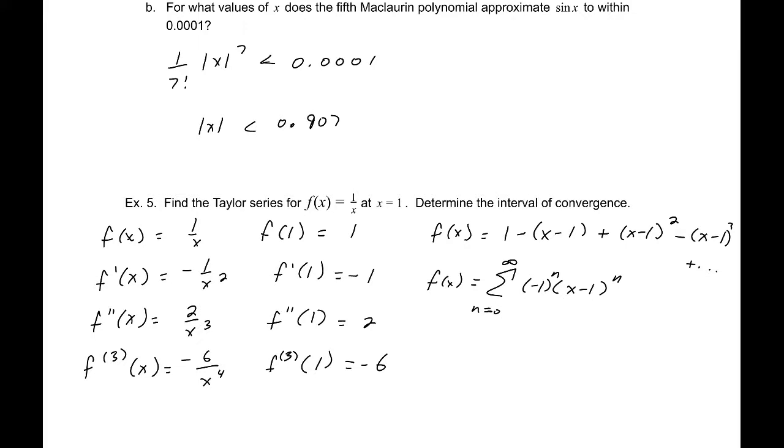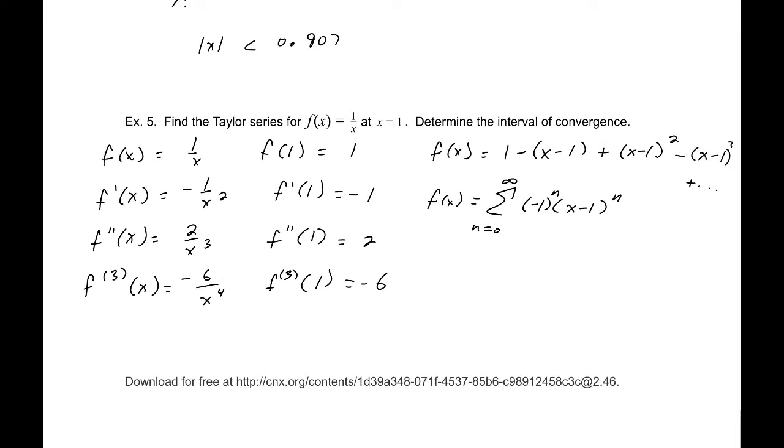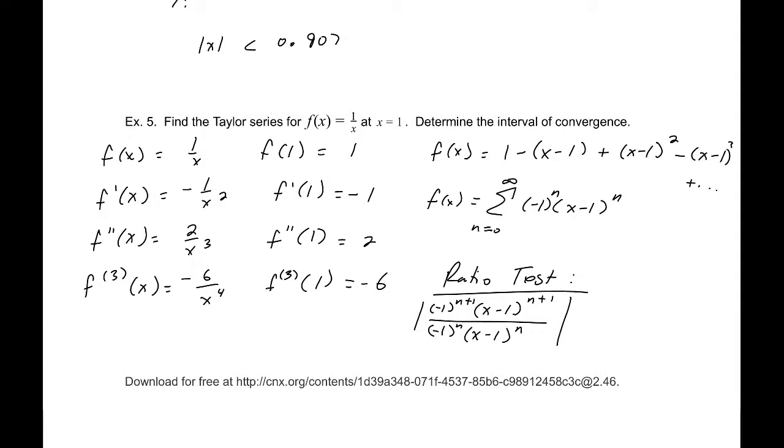So let's see if we can find the interval of convergence. That would first require us to take the ratio test. This would be the absolute value of a n plus 1, so negative 1 to the n plus 1, (x minus 1) to the n plus 1, divided by negative 1 to the n, (x minus 1) to the n. Now we know the absolute value is going to wipe out the negative 1 part of that.